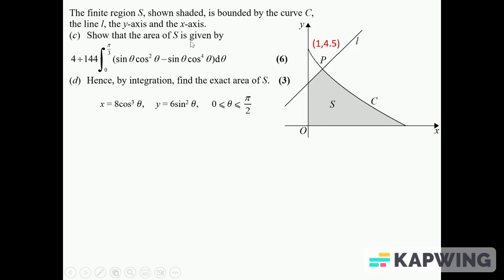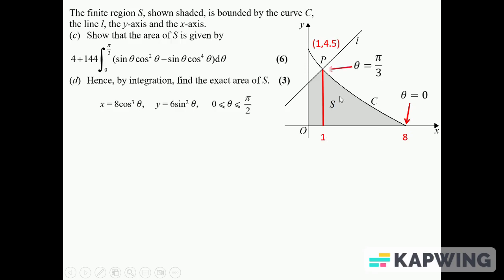Then it said show the area of S is given by this 4 plus that integral, and then find the exact area. So I'm going to split into 2 parts because I need the area under the curve and this trapezium. A little bit about the graph. Just here, theta is equal to 0. The x is going to be just 8. And of course, the y is going to be 0 because sine 0 is 0.